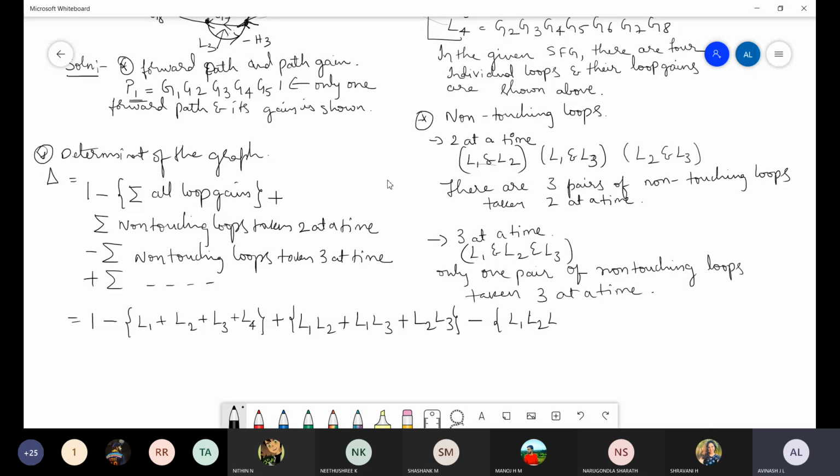This is the end of the formula. Is that clear to you? Any doubt in this? No, sir. Anyone else? Any doubts?